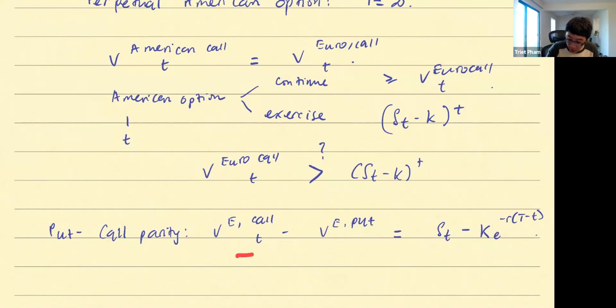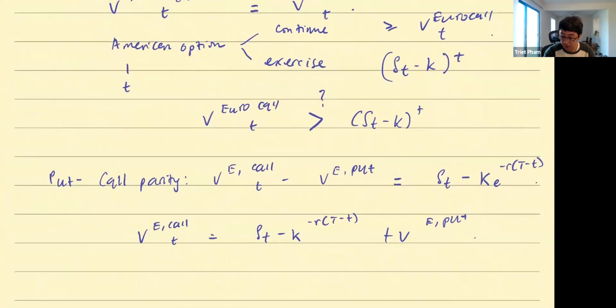First of all, this is put-call parity. Are we okay? Going back to the whole intrinsic value business, this says that VE call will be ST minus K minus R(T minus t) plus VE put.